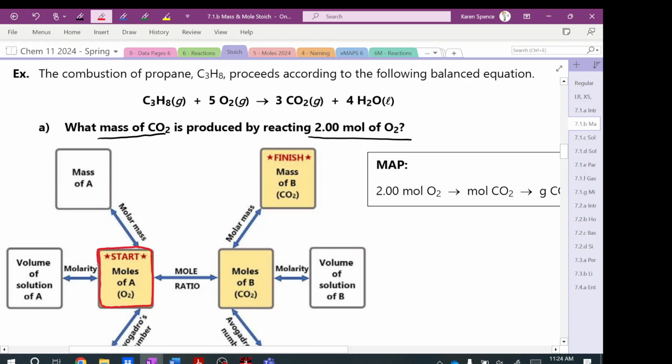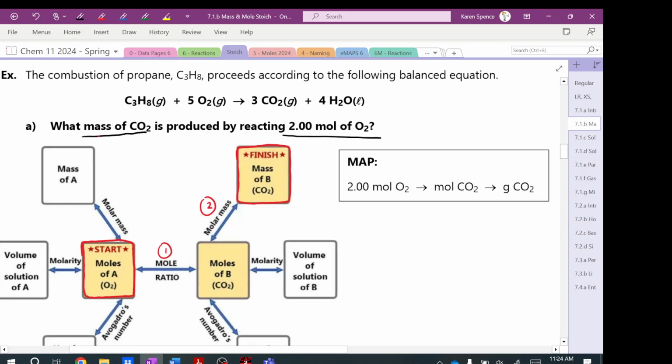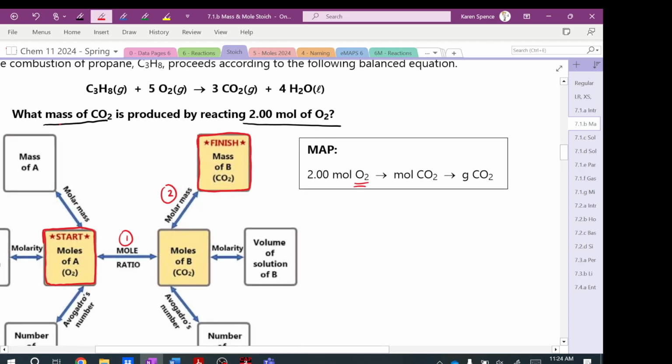And we want to finish with the mass of a different substance, CO2. So how many steps are we going to do? We're going to use our moles to moles, and then our moles of B to grams of B. So we'll be starting with 2 moles of O2. We're going to convert that to moles of CO2, and then we're going to go from moles to grams.